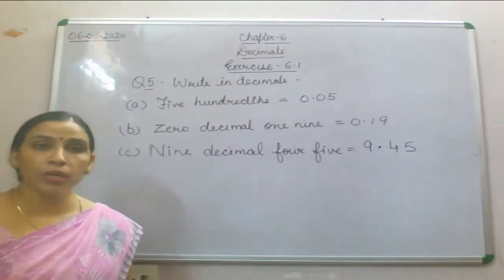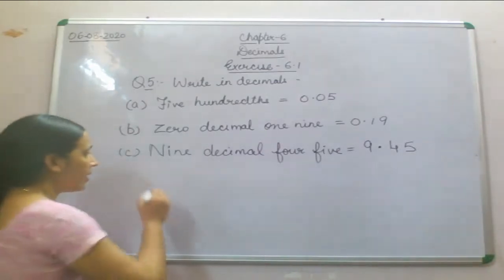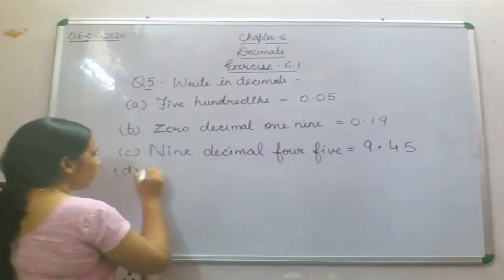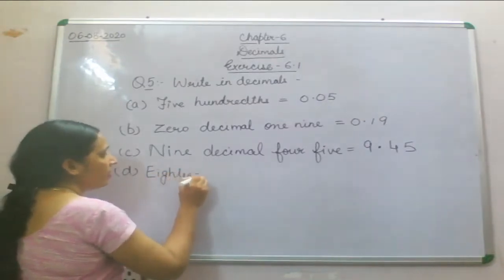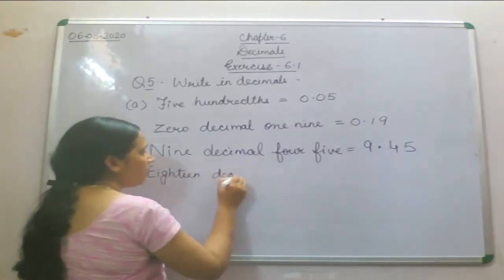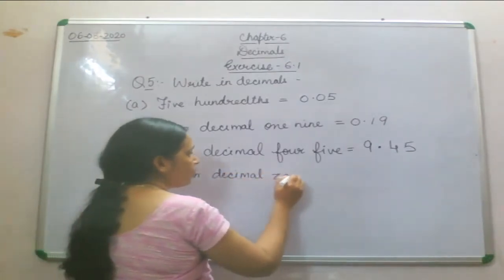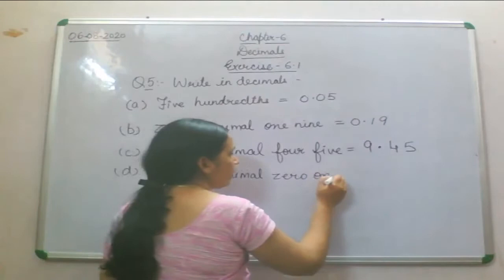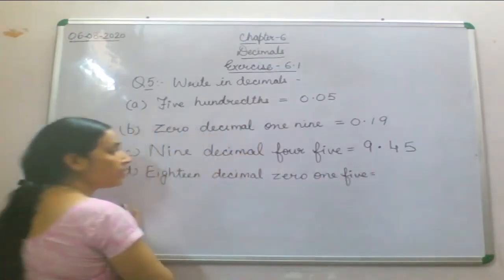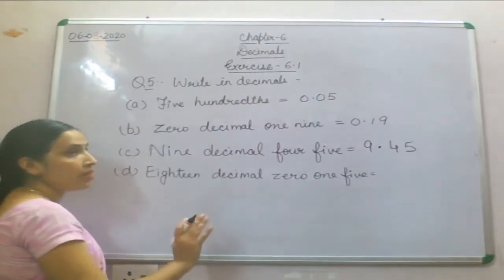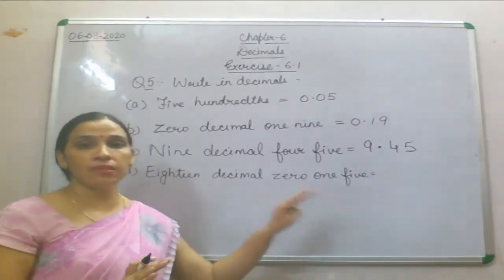Now we'll come to our D part. 18 decimal 015. Again and again I am telling you, if you are writing the decimal number in words, you can write it in this way also, that 18 decimal 015.